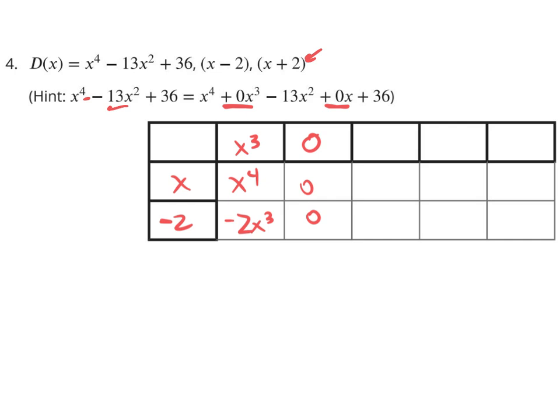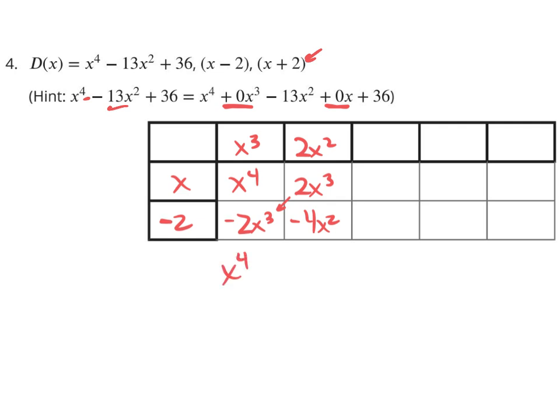Oh, wait. We need an x cubed term to make 0. So 2x squared gives us 2x cubed. 2x squared times negative 2 is negative 4x squared. Negative 2 plus 2 is 0, so x to the 4th.